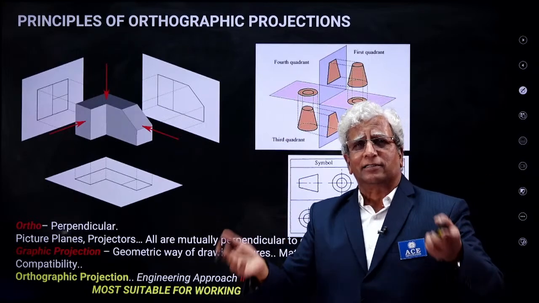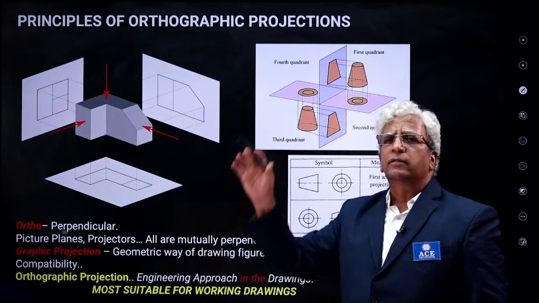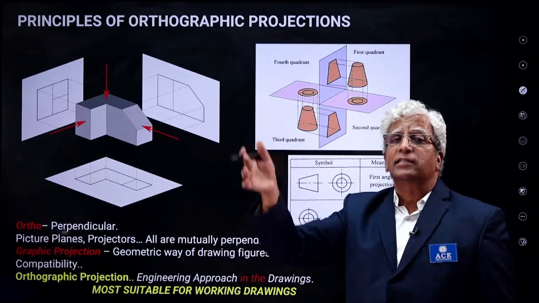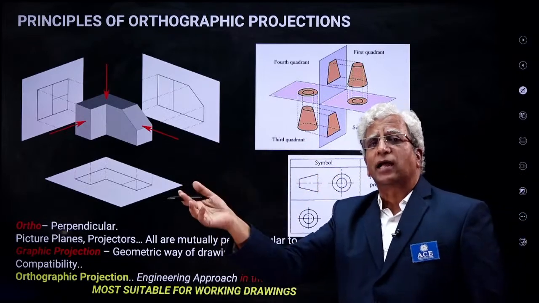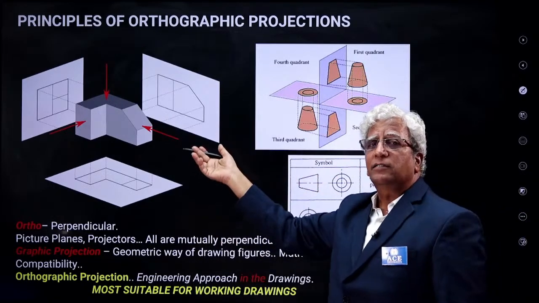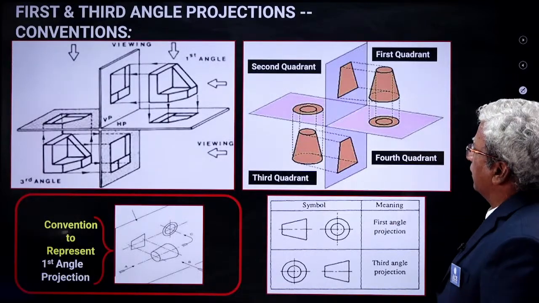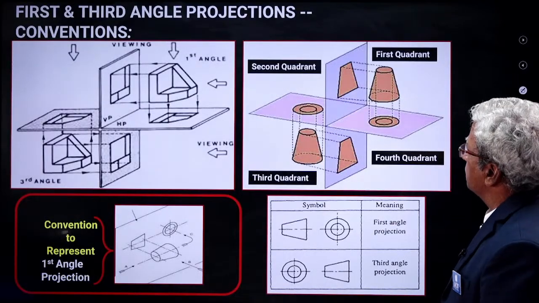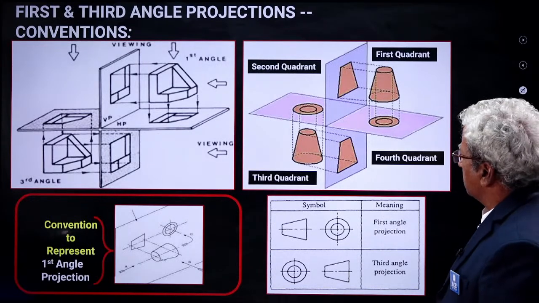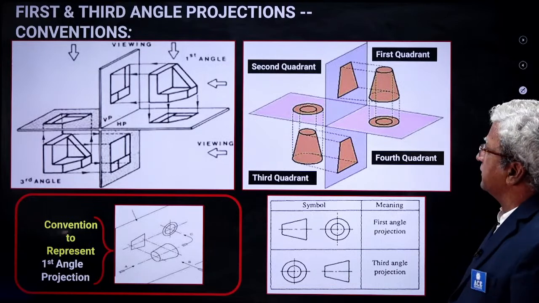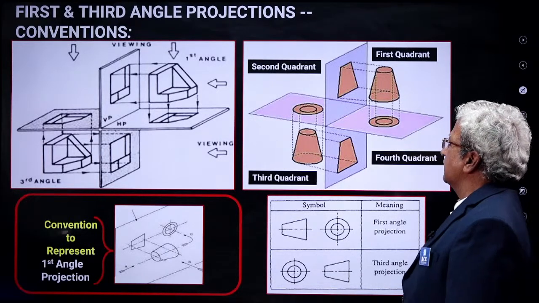Plan, elevation, cross section. They are nothing but orthographic projections of the building which you visualize and draw, so that in the site from these plans and cross sections they will construct the building. So here we will see the fundamentals. Now, as I told you, we use these terms like projector, okay, planes, etc. for understanding the orthographic projections.